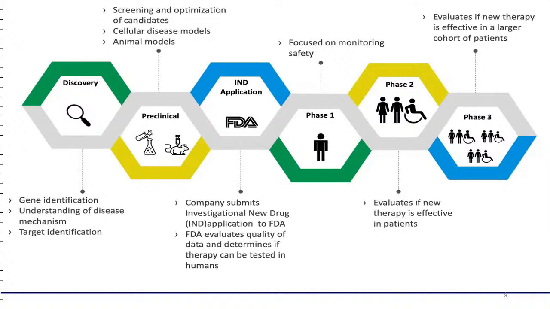Phase 1 is for healthy volunteers, where we are mainly focusing on the safety part in a small group. Then comes phase 2, which is on diseased individuals, so that we can have not only safety but efficacy parameters. We have more data.